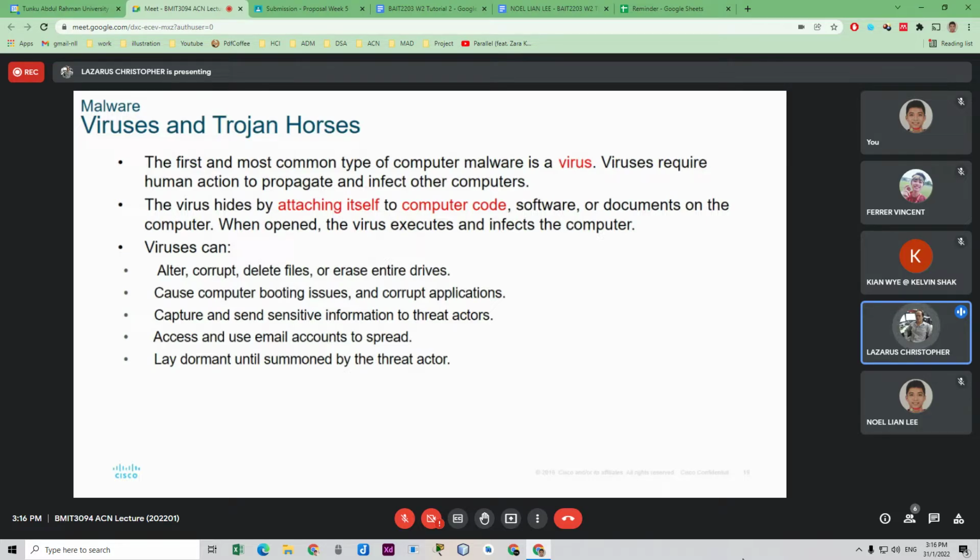It can lay dormant. Lay dormant means it doesn't exhibit any external indication that it has already infected your system. Since everything runs as normal, you don't have any cause for alarm, until the threat actor activates it, sending some kind of signal to this dormant software, whereby it will wake up and do whatever the threat actor intended for it to do.